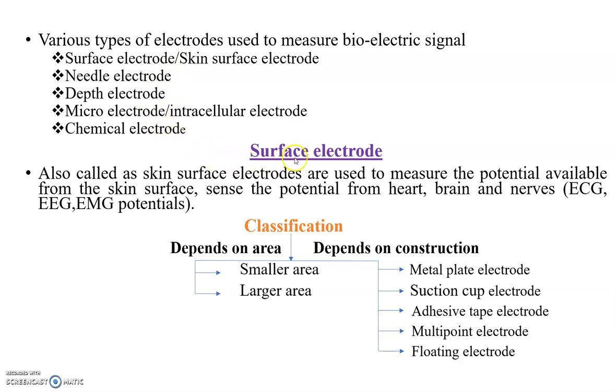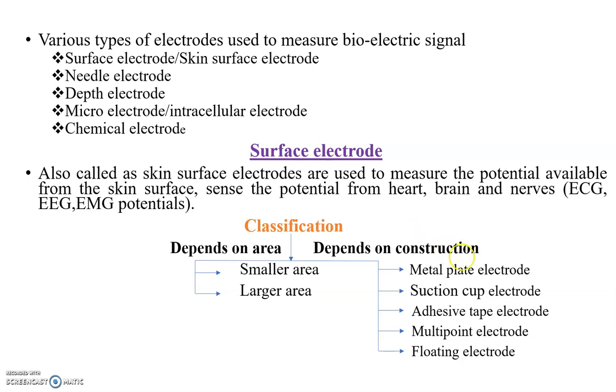First, surface electrodes, also called skin surface electrodes. These types of electrodes are used to measure the potentials available from the skin surface. They can sense the potential from the heart, brain and nerves, for example ECG, EEG and EMG potentials. The surface electrode can be classified into two types: one depends on area and another depends on construction.